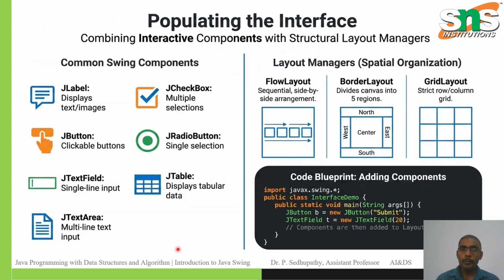Then coming to the types of interfaces under Java Swing. These are the Java Swing components. There is a JLabel, which just displays text content. Here you are not supposed to do any action based on these labels.